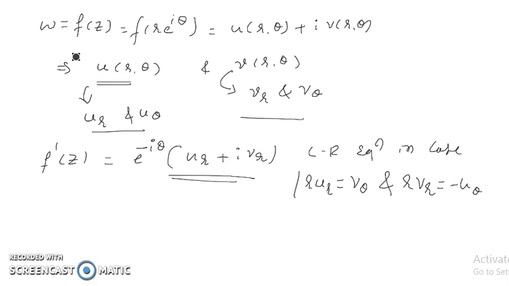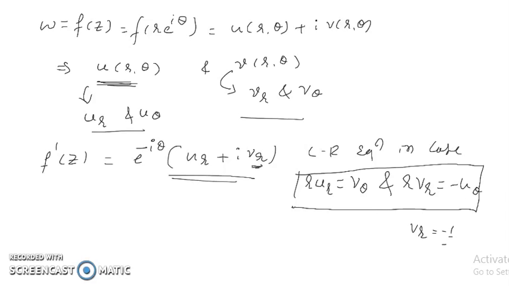These are the CR equations in case of polar form. With the help of these CR equations, if a real part u is given, we find u r and u theta. So here v r is there. v r is equal to minus 1 over r u theta, we can write here in place of this.